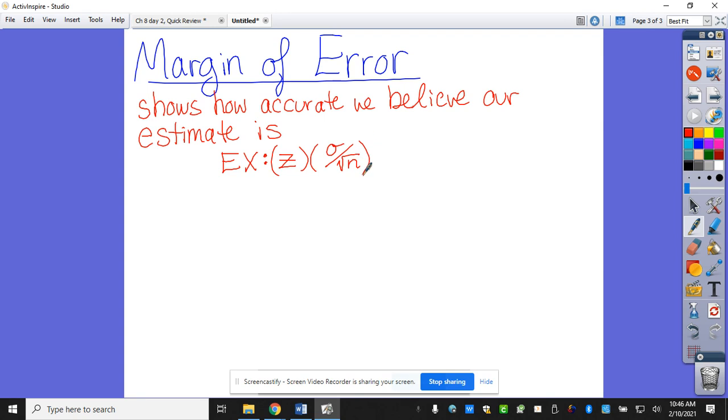Where does the sigma over square root n come from? That's finding the standard deviation of the sampling distribution using the population standard deviation and sample size. So that's what we were calling standard deviation.